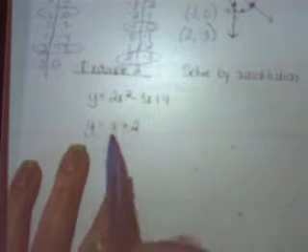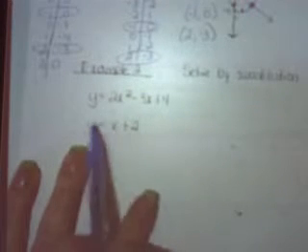Okay, example 2, solve by substitution. Substitute means we're just going to plug in one variable for the other. Looking at the bottom equation, I know that y equals x plus 2. I'll label my equations. I'm going to substitute equation 2 into equation 1.